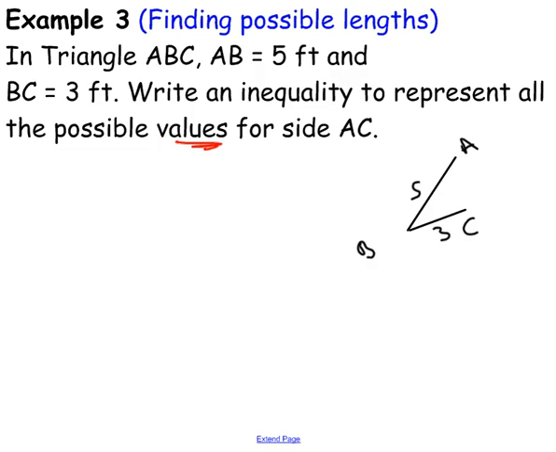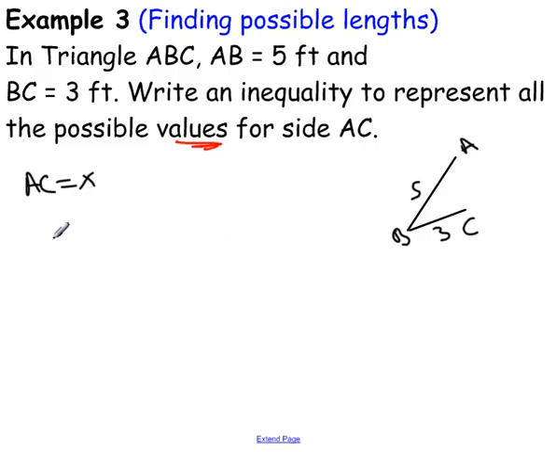All right, so the way I'm going to begin this problem, I'm going to label AC X. I'm going to say AC equals X. So the triangle inequality theorem says the sum of any two sides has to be greater than the third side.